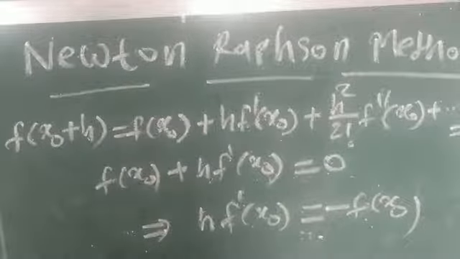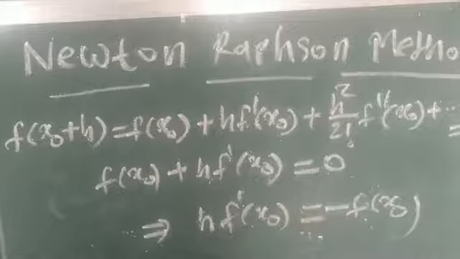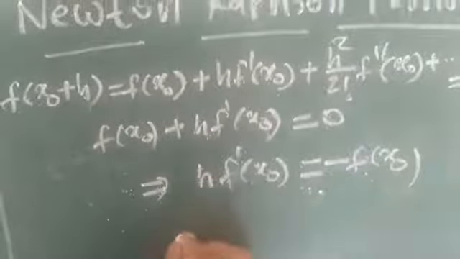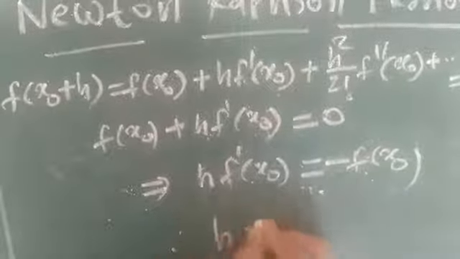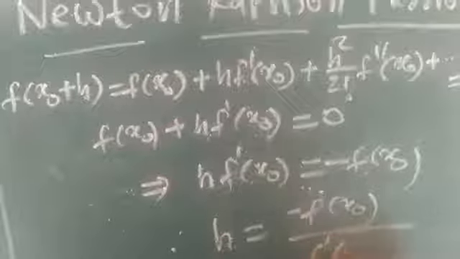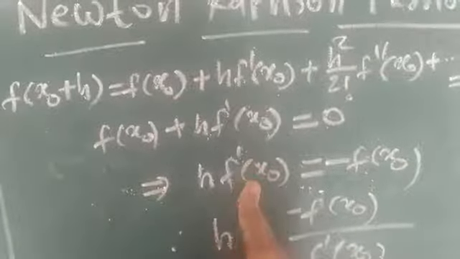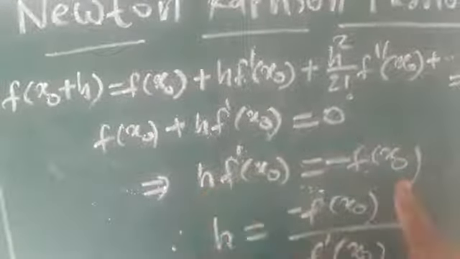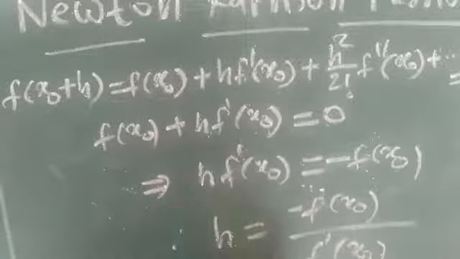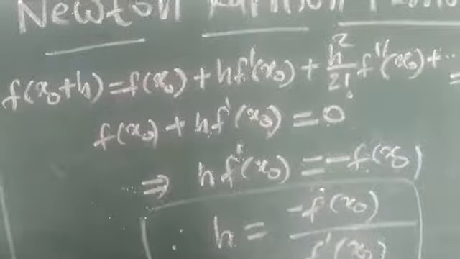So we find the value of h: h = -f(x0) / f'(x0). Here f'(x0) is multiplied by h, so on this side it becomes a division, and we get h.